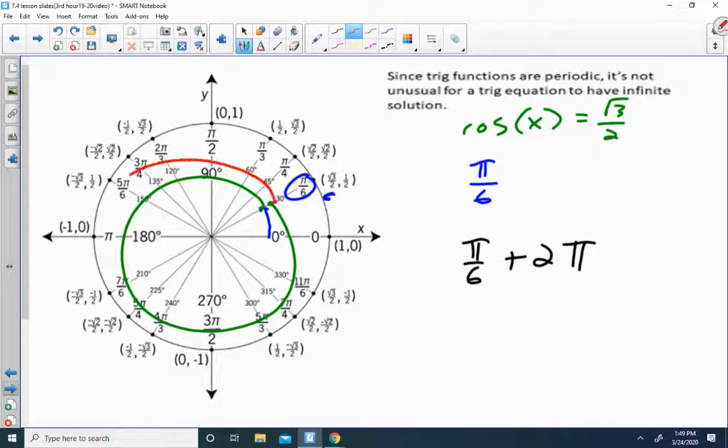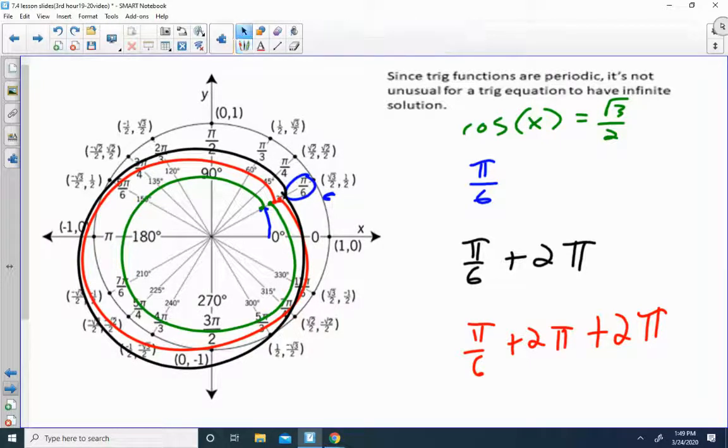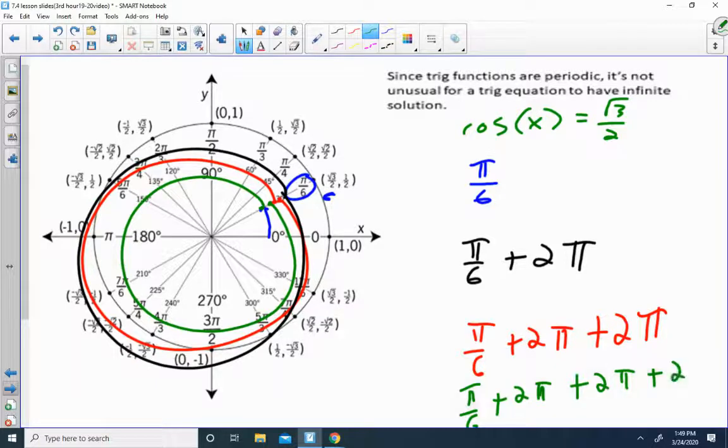I could add a second 2 pi to that, and that would get me a solution. Basically, just add another 2 pi. I could do another full circle. And that'd basically be adding another 2 pi to what I already have. Basically, all of these would work.